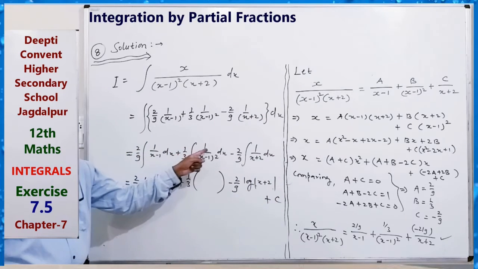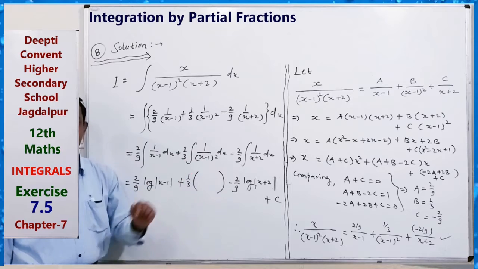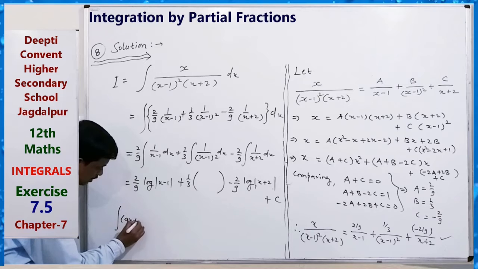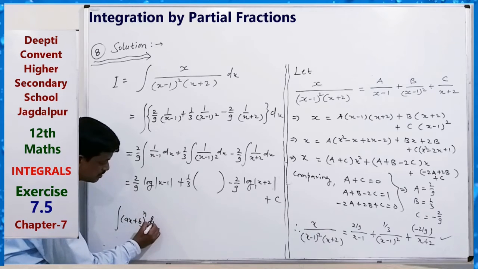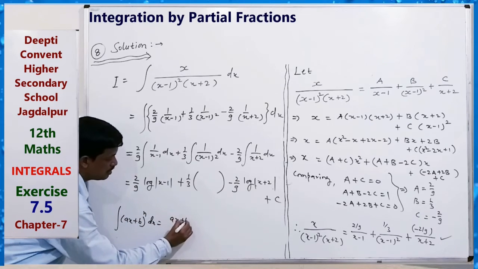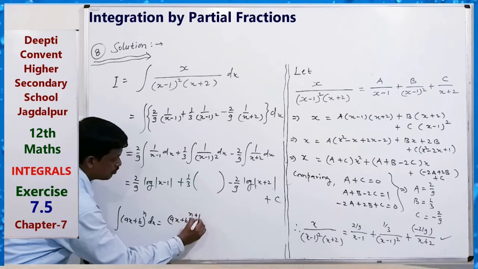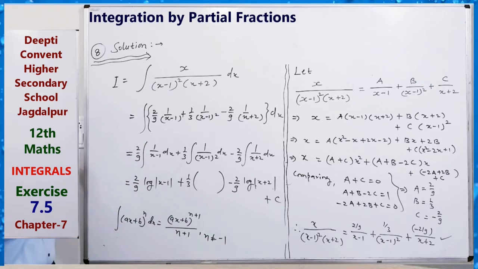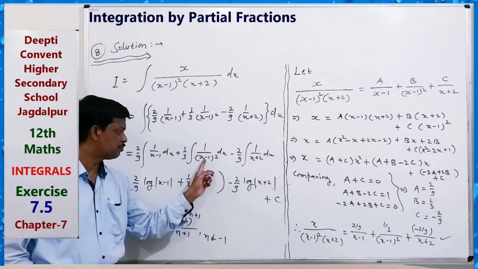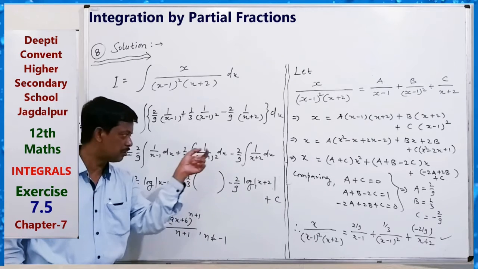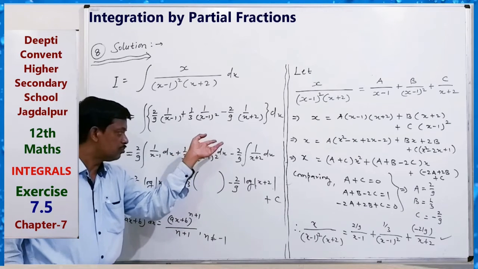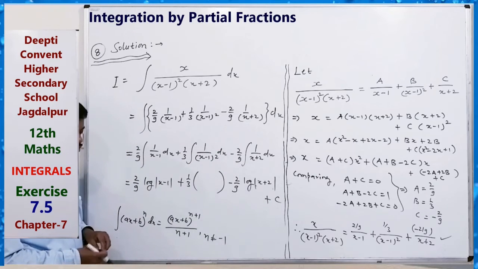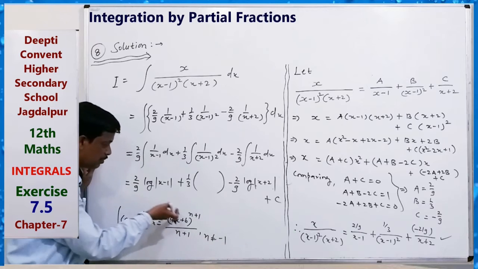Now here 1 upon (x minus 1) square, using the formula: integral of (ax plus b) power n dx equals (ax plus b) power n plus 1 upon n plus 1, where n is not equal to minus 1. Here ax plus b is x minus 1, a linear factor with power 2. This power can be taken to the upper side, (x minus 1) power minus 2. So n equals minus 2, not minus 1, so you can apply this method.